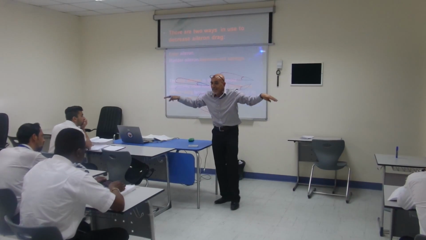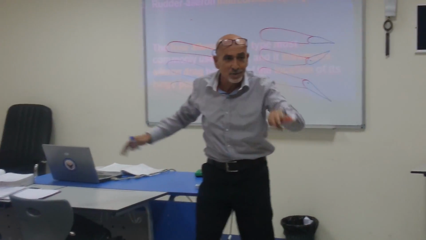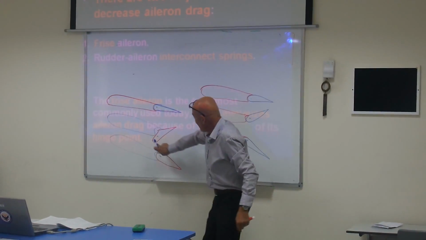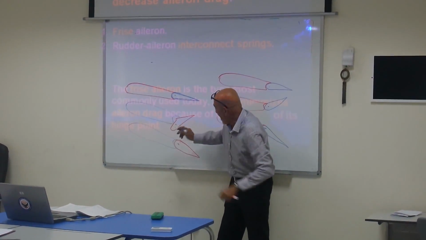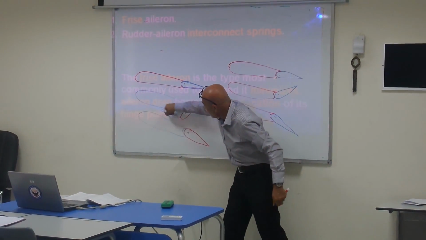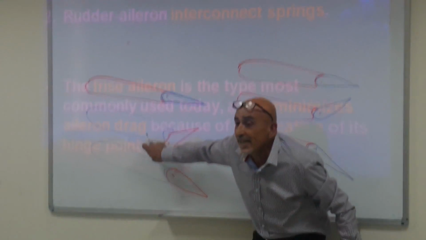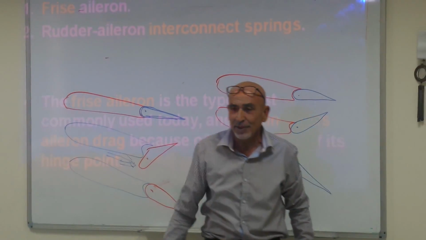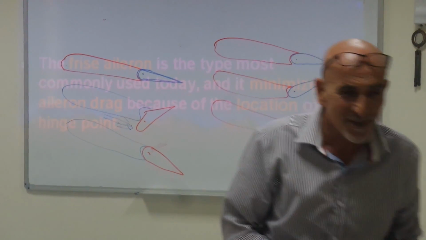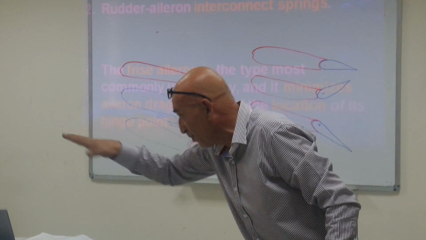That's how I keep the aircraft nose in the turn and not trying to go out, which is called adverse yaw. So this is the upgoing aileron. I have a protrusion here. I have an airstream. This airstream hits the aileron from here, creating a drag.